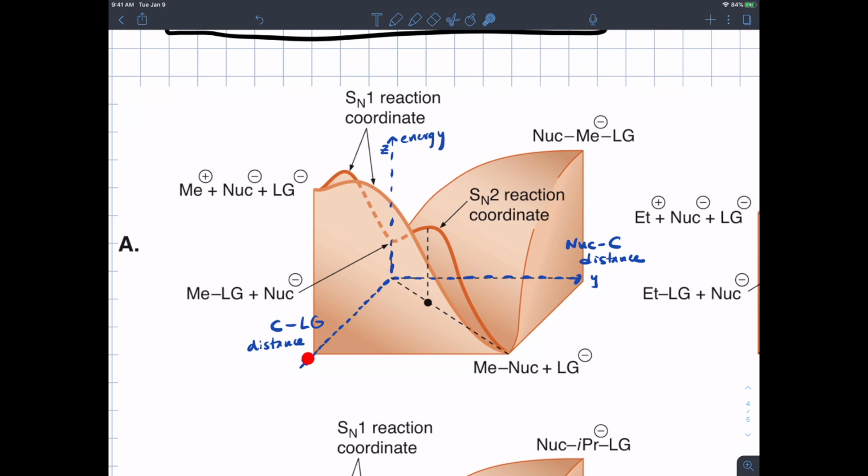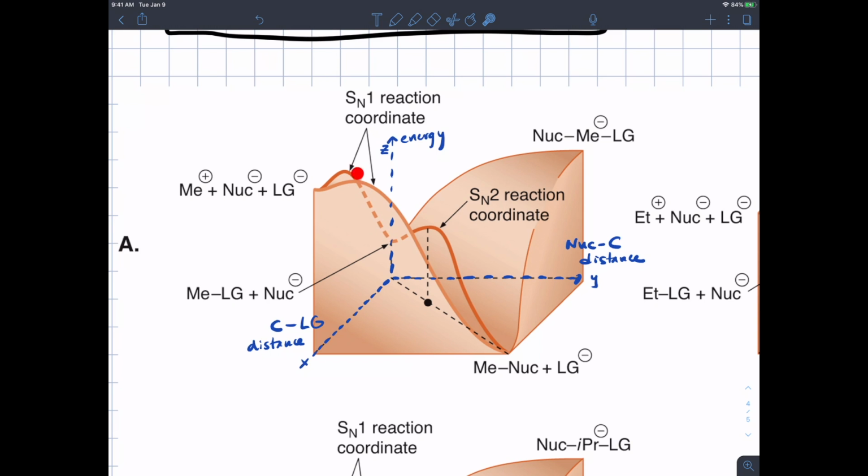And then this would be, in the second step, the nucleophile attacking the carbocation. That pathway is traced out for us in energy, and you have to sort of pretend that you're looking at this with the ability to move all the way around. Maybe in some future version of the text we'll be able to move this, but if you sort of flatten this edge and that edge out, you've got a typical SN1 energy diagram, just with two different reaction coordinates.